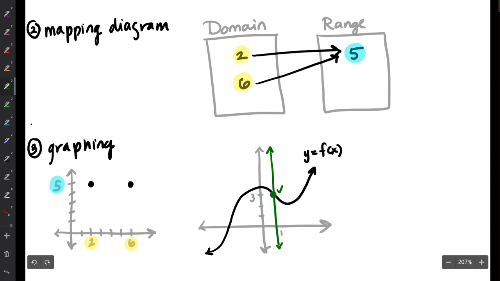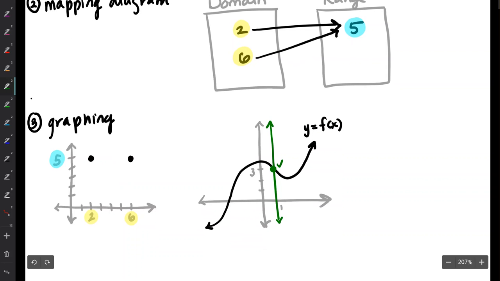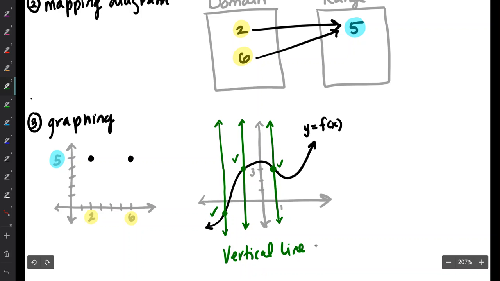So the way that you can quickly see if you have a function is if you imagine a whole bunch of vertical lines and you confirm that they're intersecting that graph only one place. Vertical line test. Right?